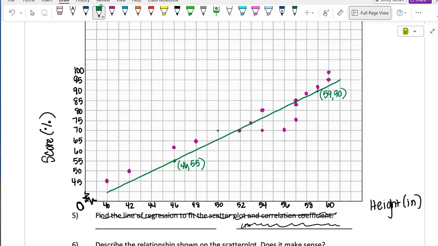What is the equation of that line? Reminding you again that slope is y2 minus y1 divided by x2 minus x1.